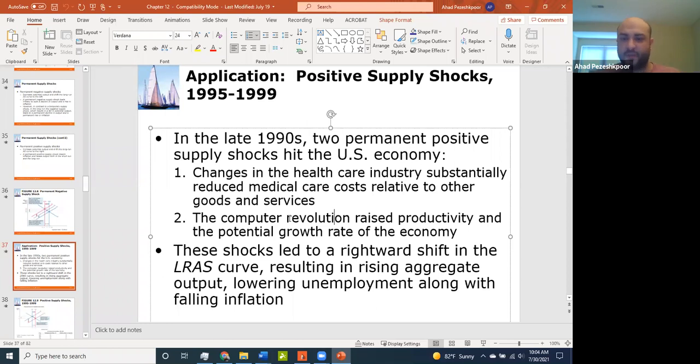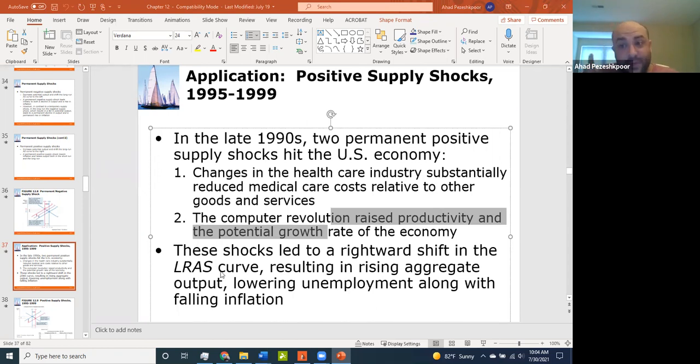It changed the game completely. So it raised productivity and the potential growth rate of the economy. The economy was actually gifted with this whole new market, this whole new industry. So an entire new industry was added.